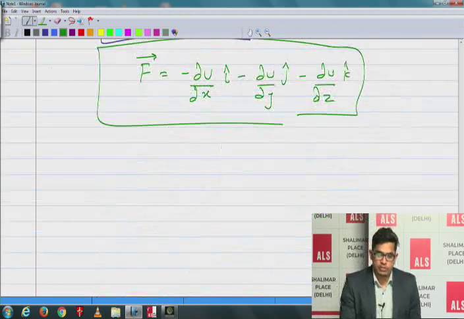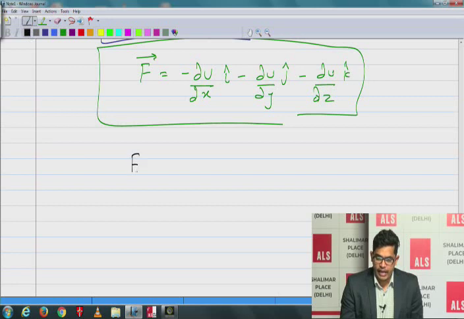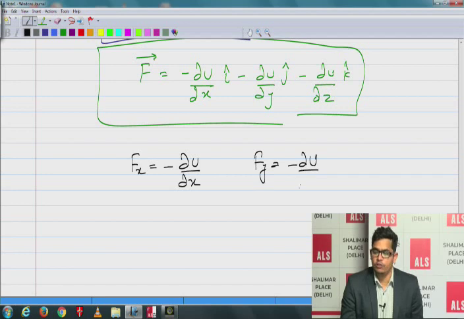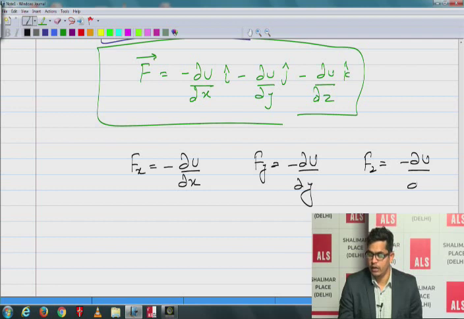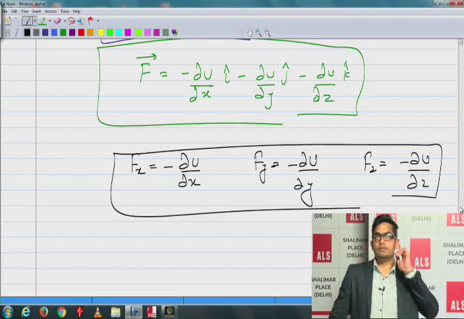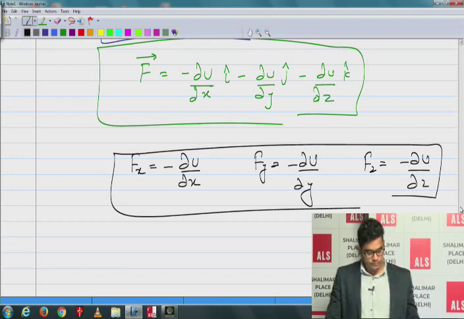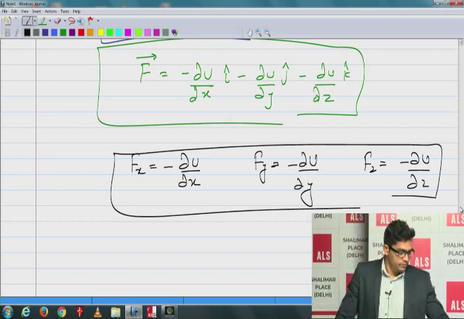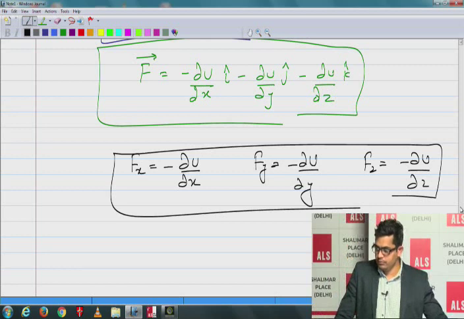So from this equation I can say Fx is equal to minus del U by del x, Fy is minus del U by del y, and Fz is minus del U by del z.